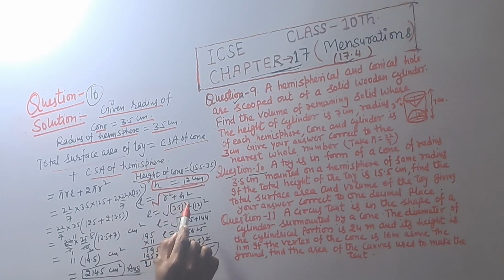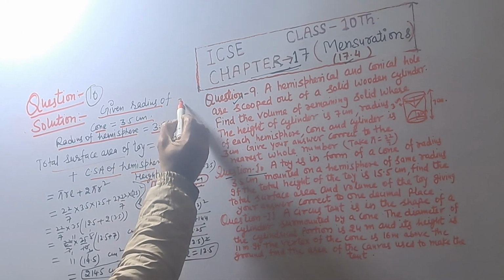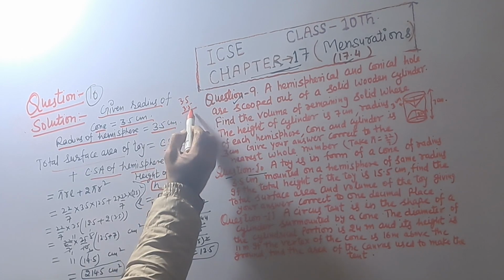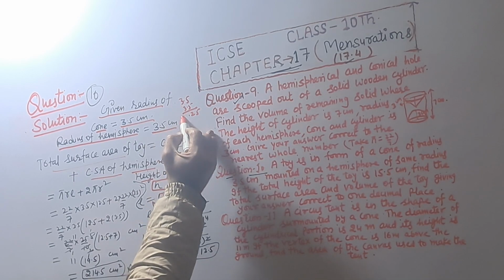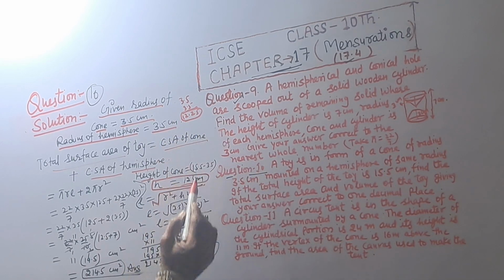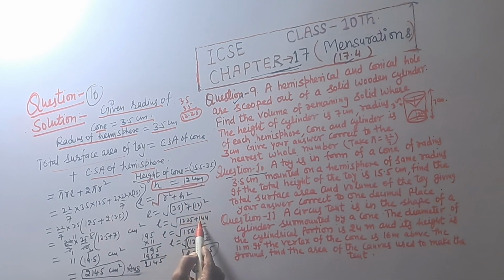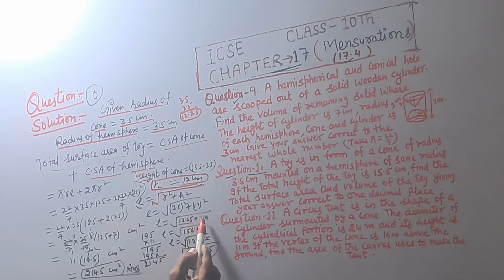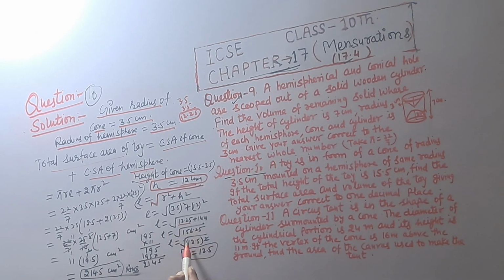Radius is 3.5 square plus h is 12 square. 3.5 square is 12.25, plus 12 square is 144, and 144 plus 12.25 is 156.25, and root 156.25 is 12.5 raised to power 2.